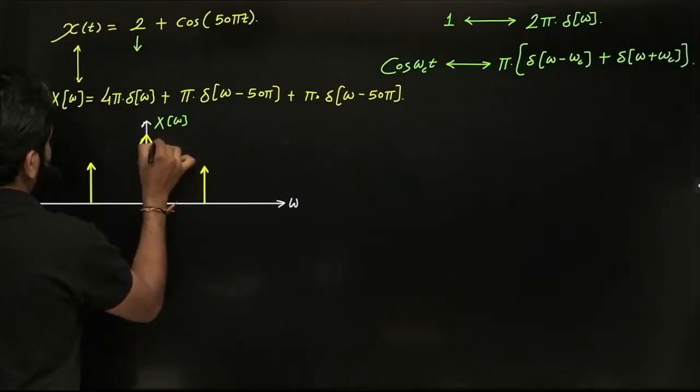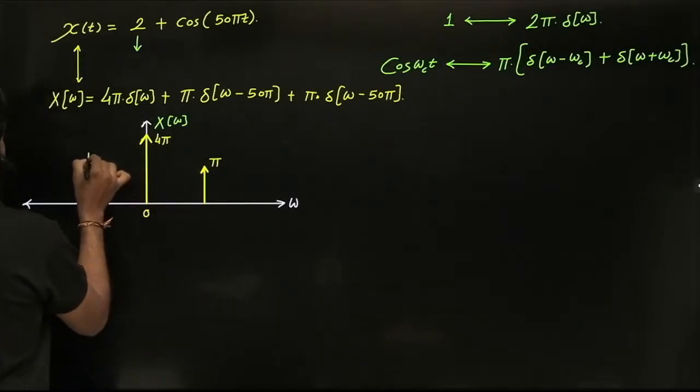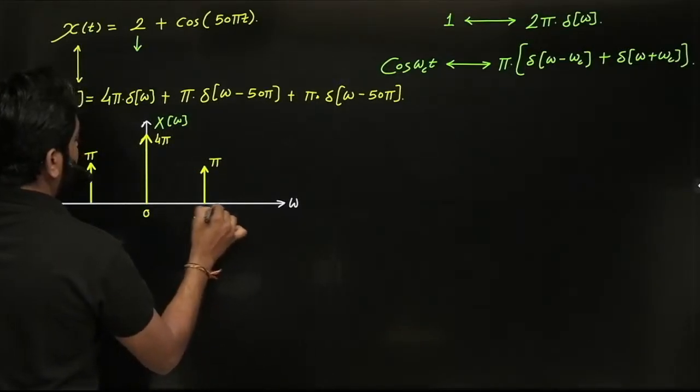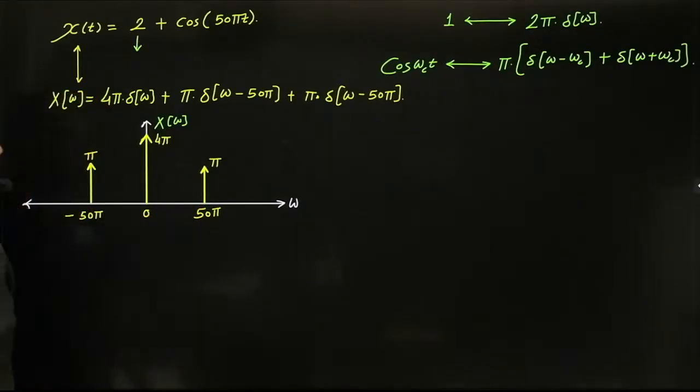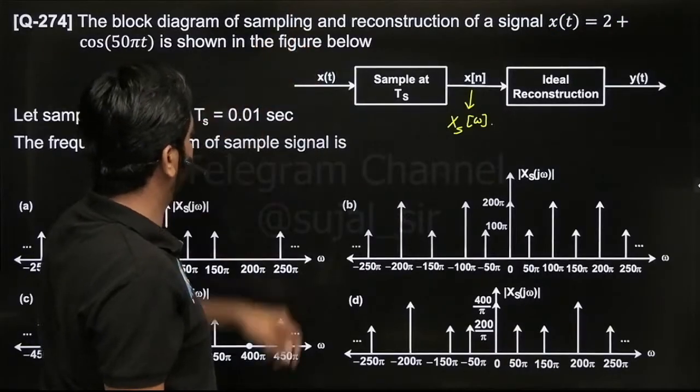So at 0 the weight is 4 pi, here the weight is pi, here also weight pi, guys. So this is the Fourier transform of the input signal.